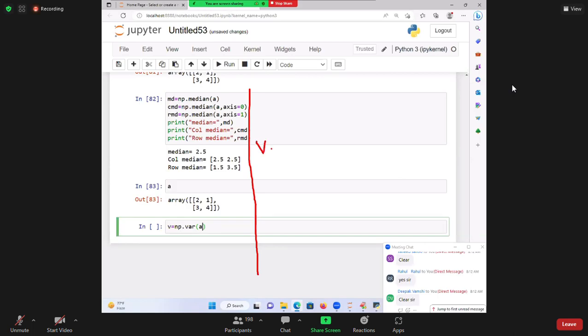Variance is equal to sigma of (xi minus mean) to the power of 2, whole squared, divided by the number of elements, with i going from 1 to n.